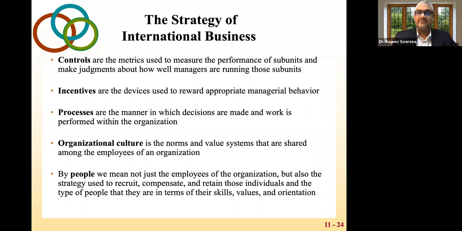Let's say you have a target to make sales of 1,000 units by the end of the month. Do you have a way to measure how well those managers are meeting those targets? This is what controls are. And if they do well, they get incentives. Let's say you're supposed to sell 1,000 units, you end up selling 1,500 units, so you get a bonus as an incentive.